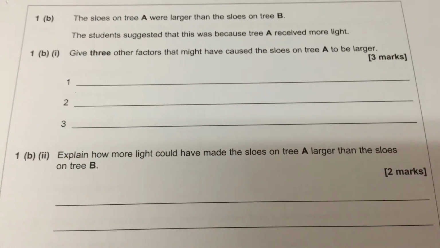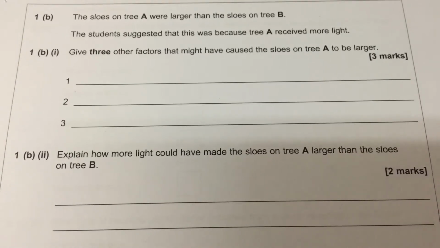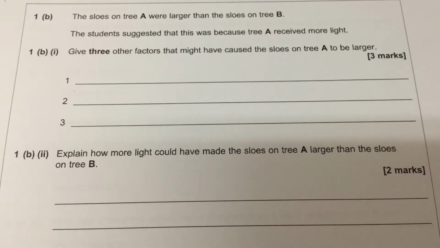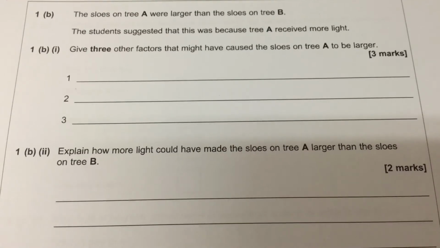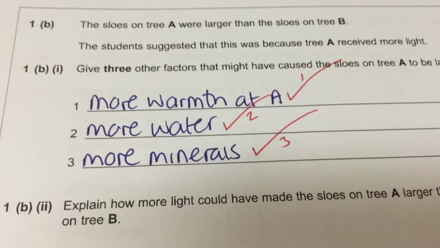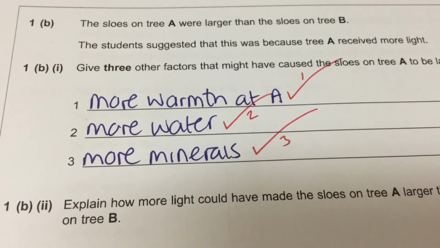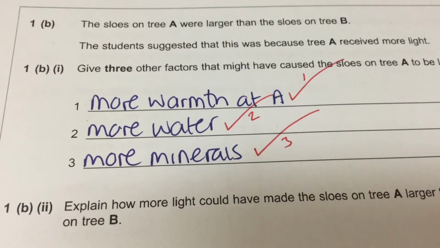Part B says that the sloes on tree A were larger than the sloes on tree B. The students suggested that this was because tree A received more light. Give 3 other factors that might have caused the sloes on tree A to be bigger. And there were lots of things that could have been said. More warmth at A, more water, more minerals.